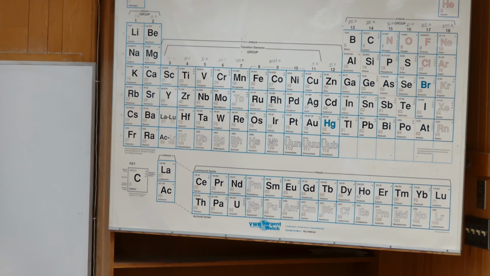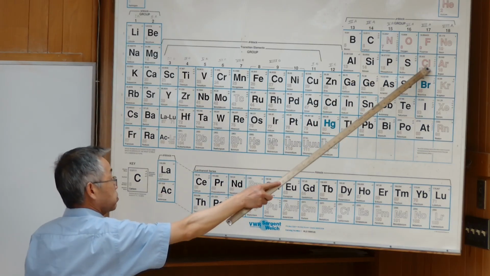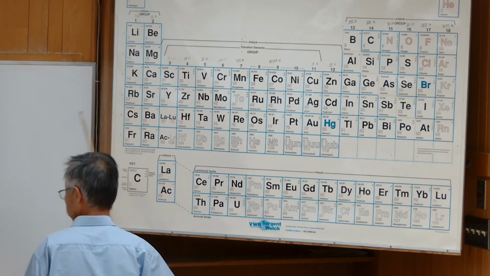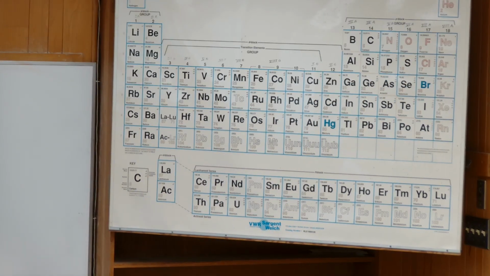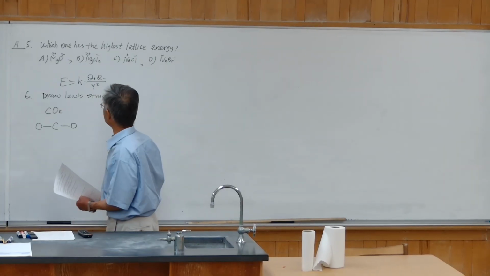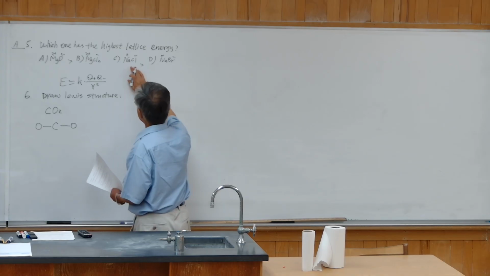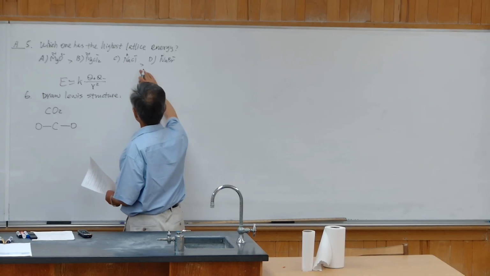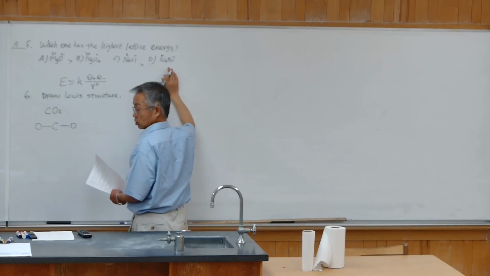As we move down, size becomes larger, right? So bromide has a larger size than chloride. Larger size, smaller lattice energy. So sodium chloride will have greater lattice energy than sodium bromide.